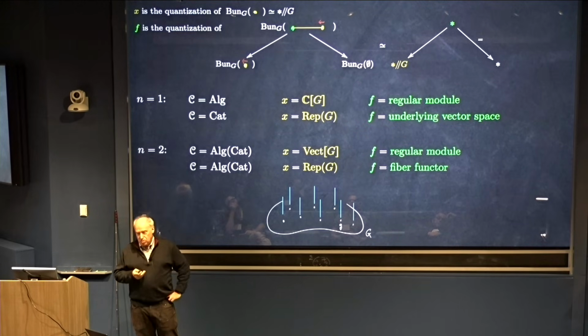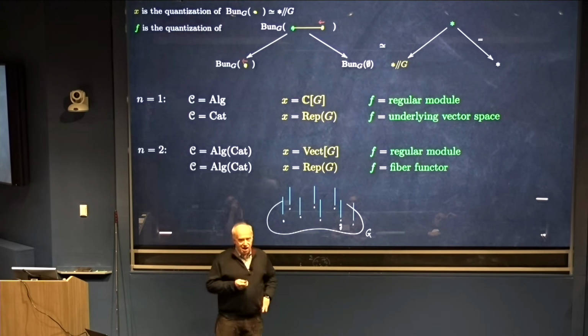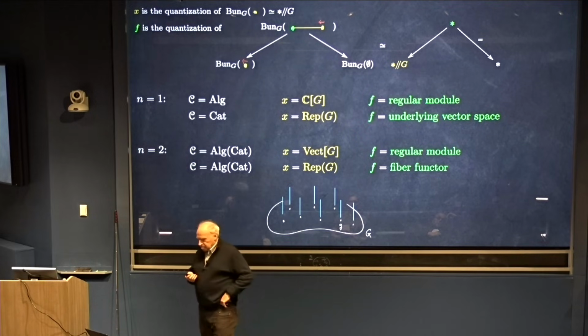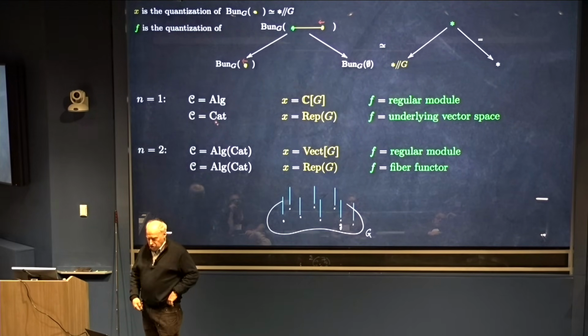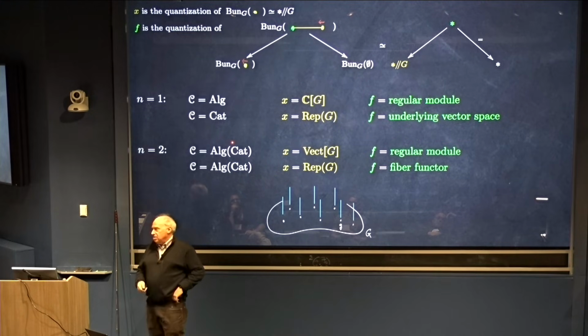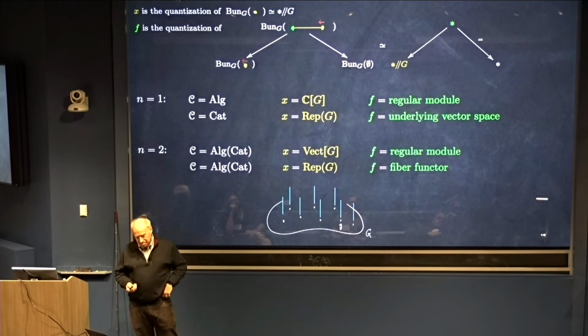Okay, if n is equal to 2, we have to up our game and go one category level higher. So again, there are two choices. Well, sorry, there's just one choice here. So we're going to take the 3 category of algebras inside the 2 category of categories.